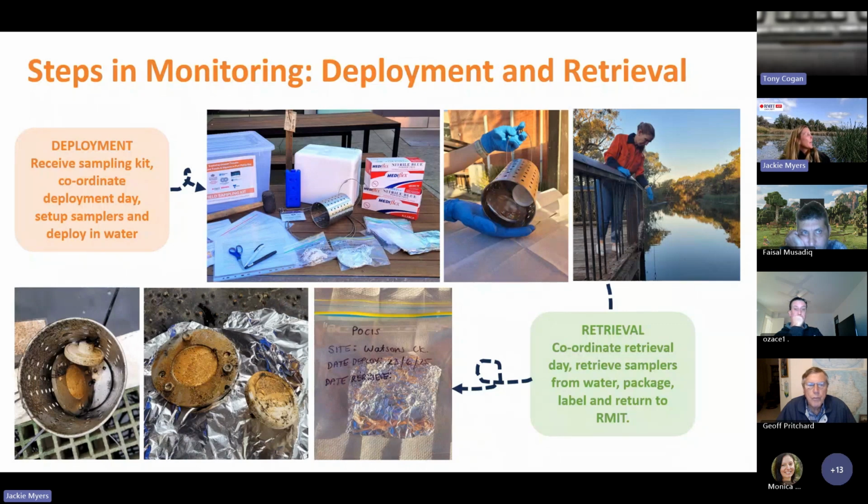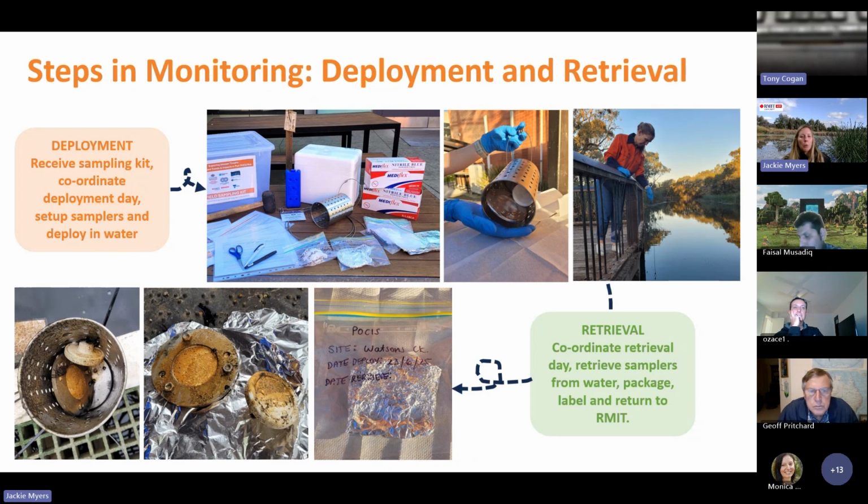So in terms of the monitoring process, there's three key steps. The first is the deployment and retrieval of these passive samplers, and this is where you as volunteers will play a really crucial role. We'll have a group working at a site, from 2 people to a number of people.